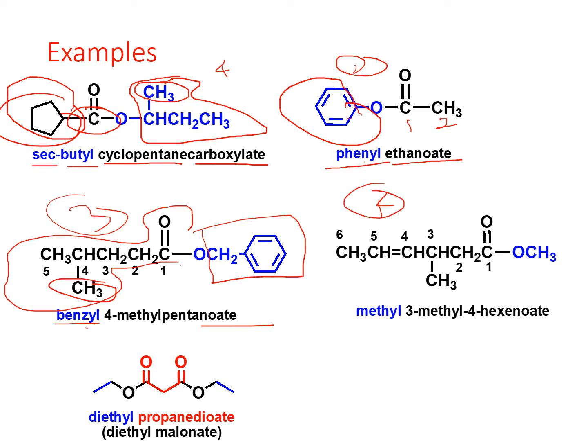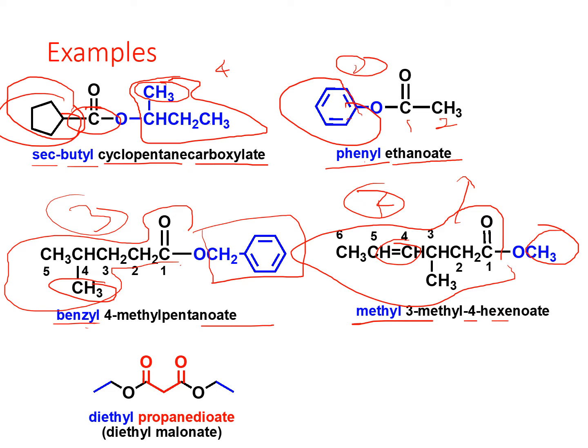Example number 4, same thing. We name the alcohol part, CH3, methyl. Then name the acid part: we count 1, 2, 3, 4, 5, 6, so it is hexanoate. But we have a double bond at carbon number 4, so it becomes 4-hexenoate.